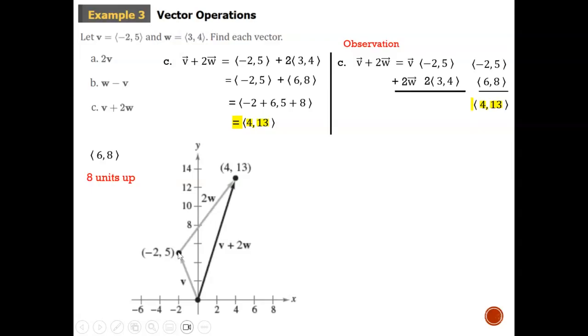So we go up 8 from the point -2, 5, and across 6 to the right, because both are positive. It's going to go up and to the right, and then we match this vector with the one here, which will be 4, 13. The vector in bold is V plus 2W. That's how you sketch them.